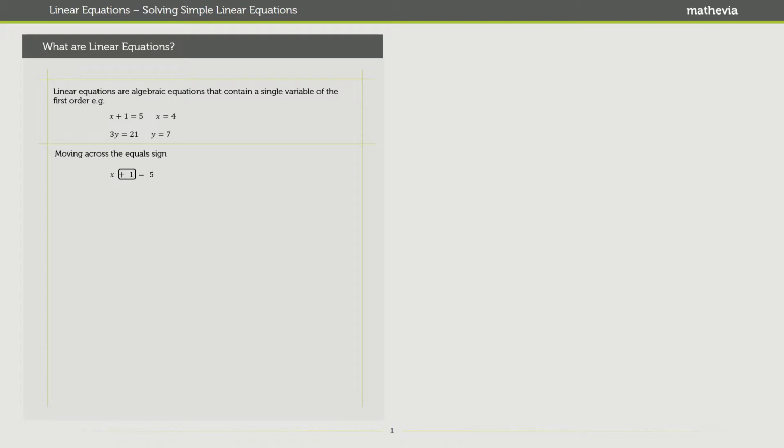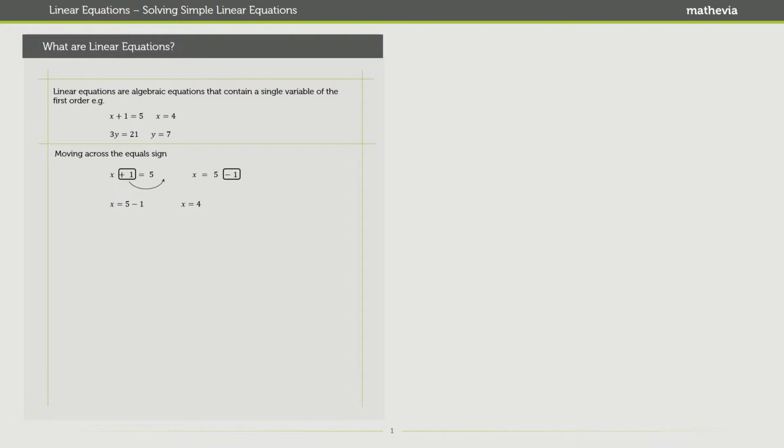We move plus 1 across this equal sign over to the right, and we have x equals 5. When you move plus 1 over to the right, it becomes minus 1. So x equals 5 minus 1, and then x equals 4. Simple. That's all there is to it.